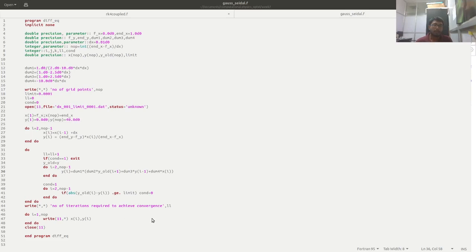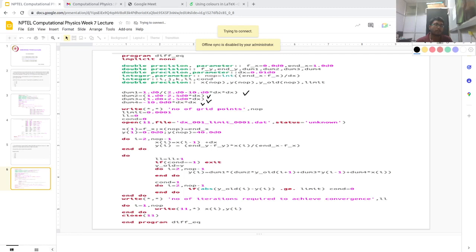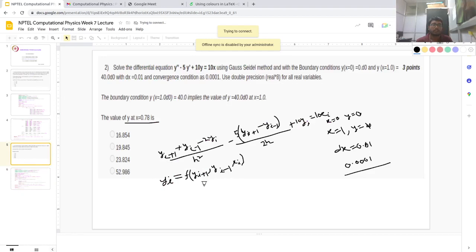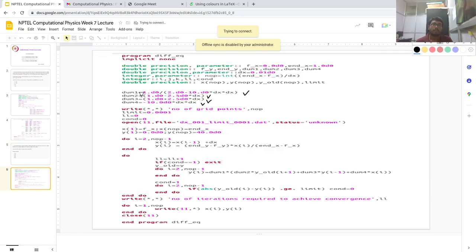Okay, and then you have to write number of grid points. Just a second. Yeah, so what we have is this one, right? So this way you can write this equation in this format, and then you have to calculate yi as a function of y I plus 1, y I minus 1 and xi, and whatever things are multiplied to each one of these terms will be given by term 1, term 2, term 3, term 4.